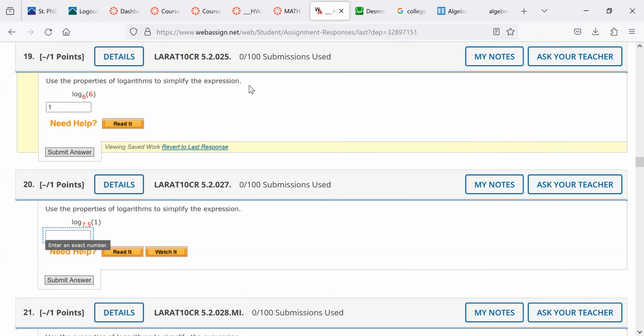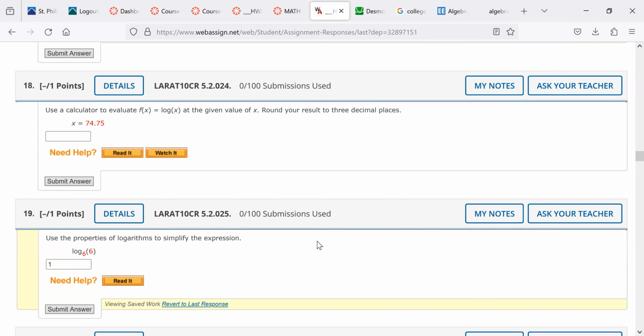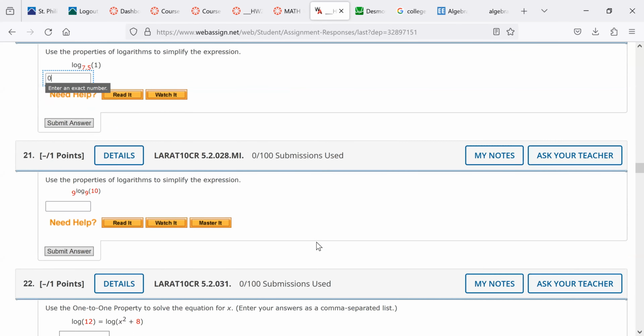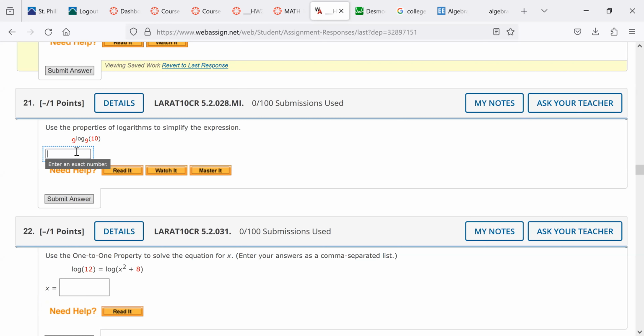So here we said if you're plugging 1 into anything, it's going to be 0. They're just testing you on the properties, to see if you know them, or you can just refer to them, it's fine. Here they're going to cancel. So what do you think 21 is going to be?